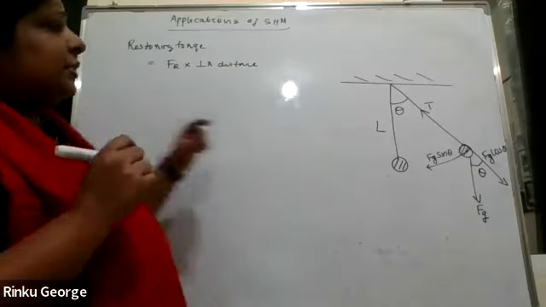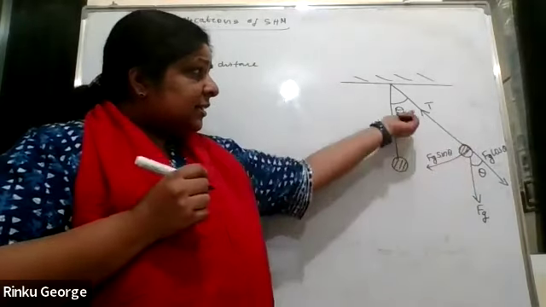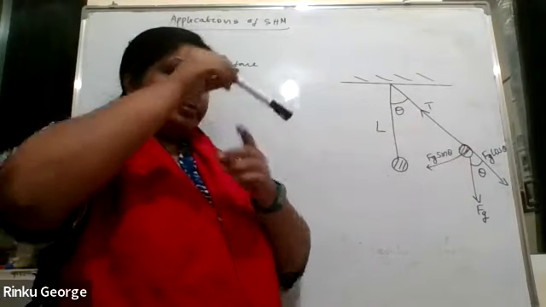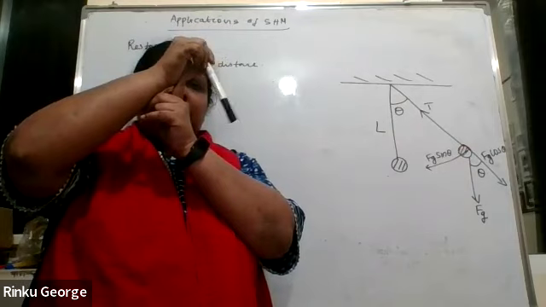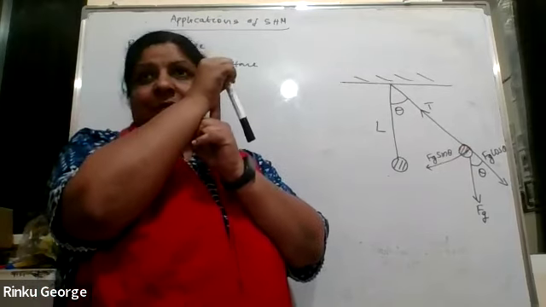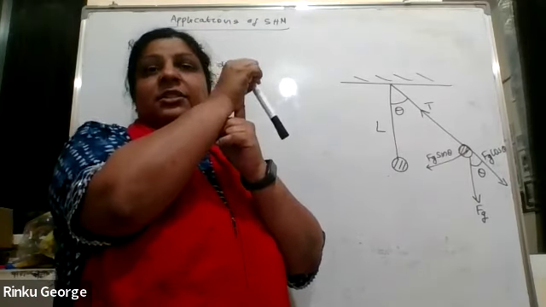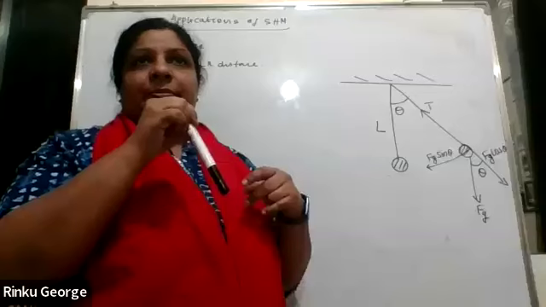Here, restoring force is Fg sin theta. As Fg sin theta increases, theta decreases. Initially, as Fg sin theta comes into action, the angle theta is decreasing, so the displacement is decreasing. So as force is increasing, the displacement is decreasing.